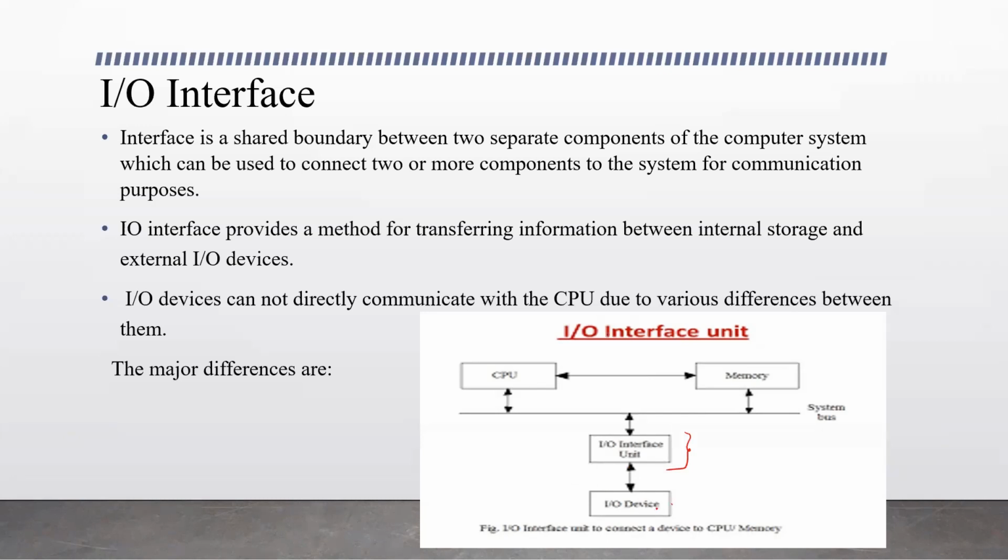These input-output devices cannot be directly connected to the internal components of the system. I'll tell you the reason why. There are some differences in how these input-output devices operate and how the internal components operate. What are all these differences?